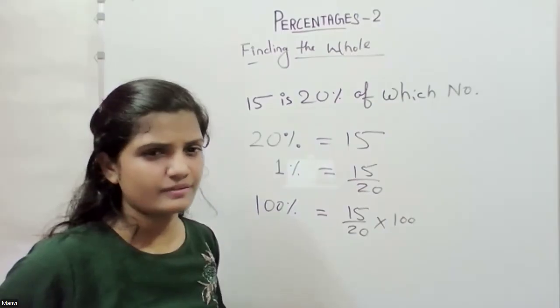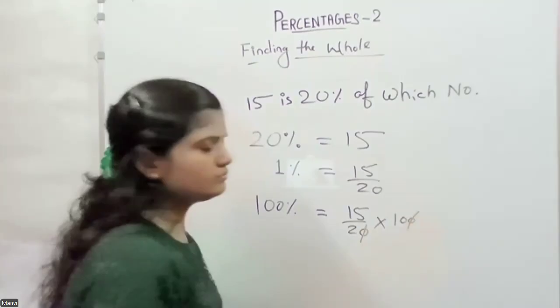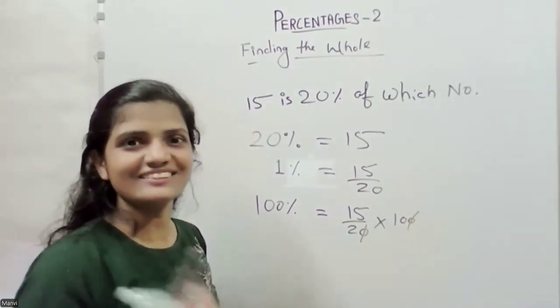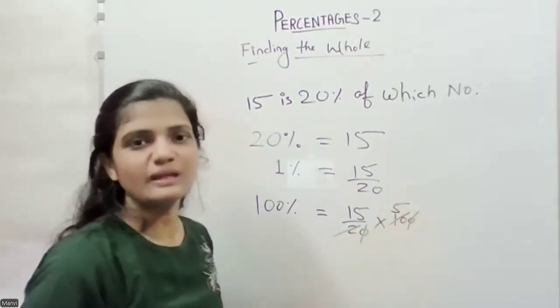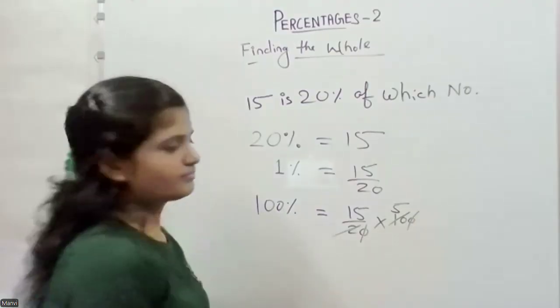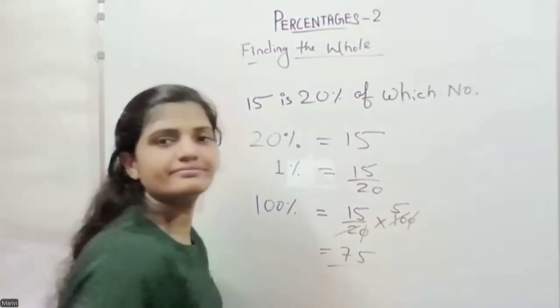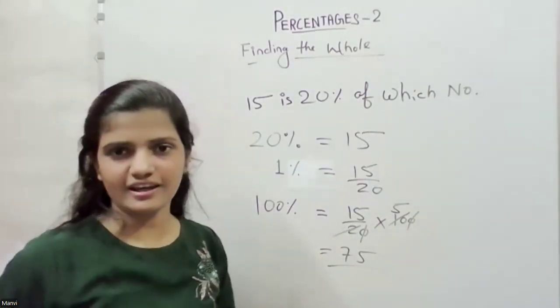How 75 actually? We can cancel this 0 with that 0. I got 15. 2 times 5 is 10. Now 15 times 5 is 75. Very good. This will be the answer. I got 75. Wow.